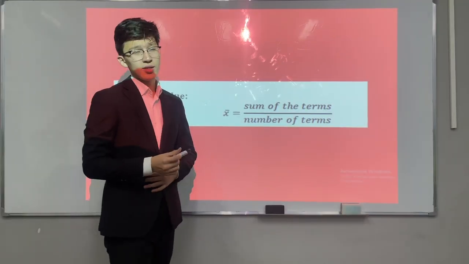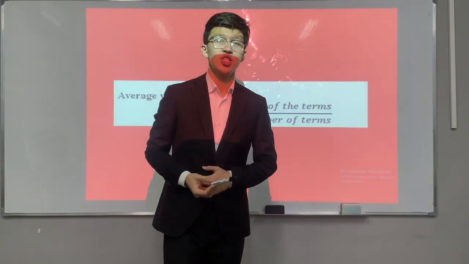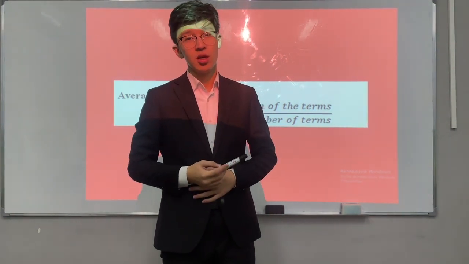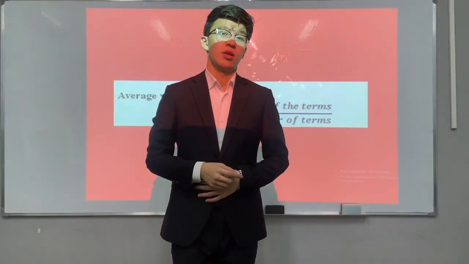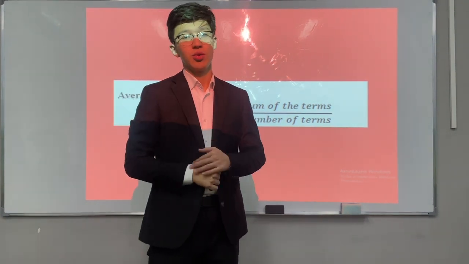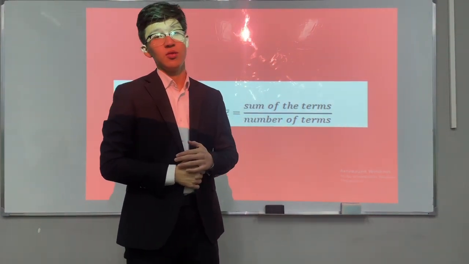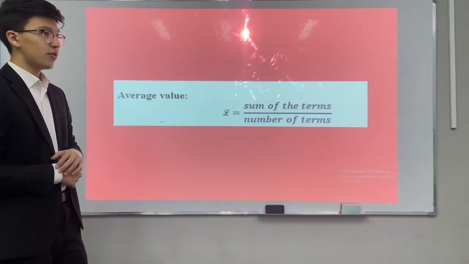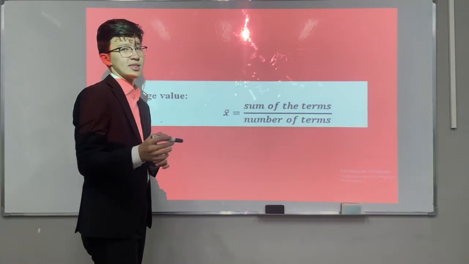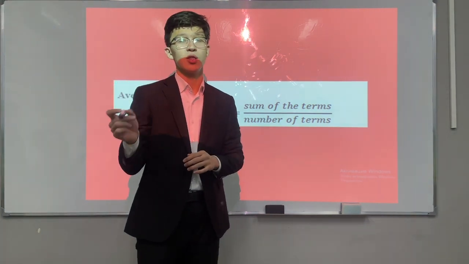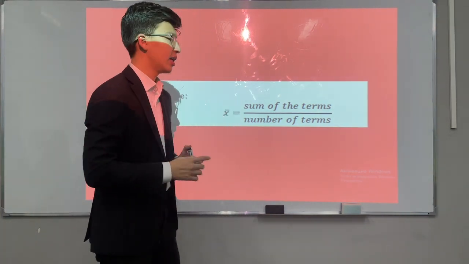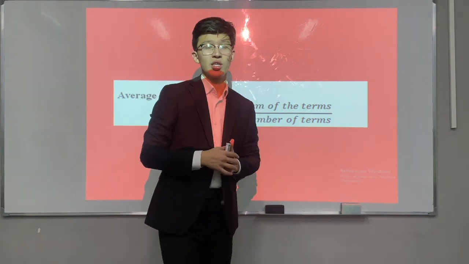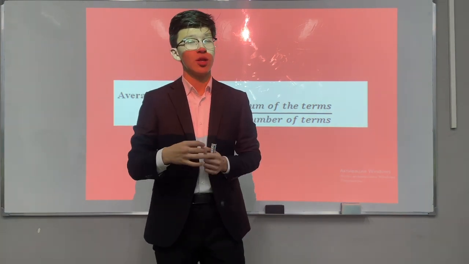Now that you understand what the variation and the frequency are, let's move to our new topic, which is called the average value. The average value, known as the arithmetic mean, is the average of the terms of our given set of data.